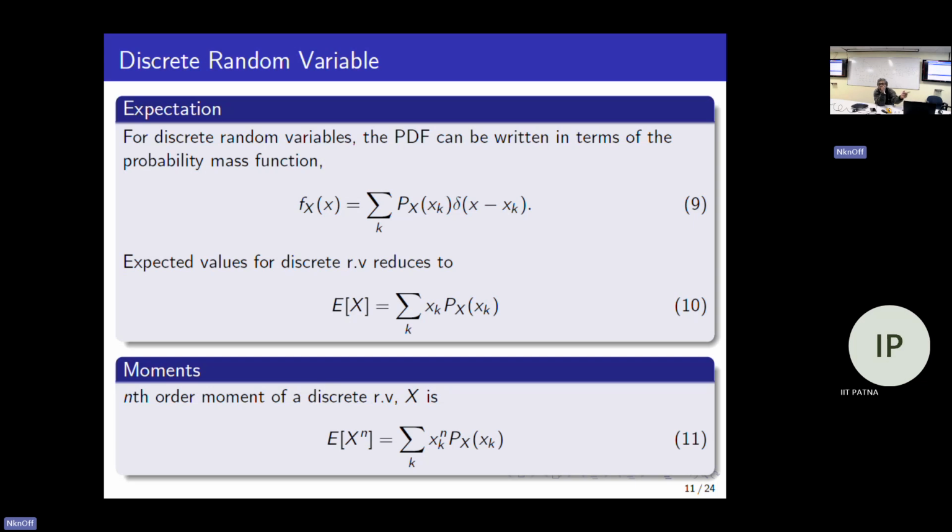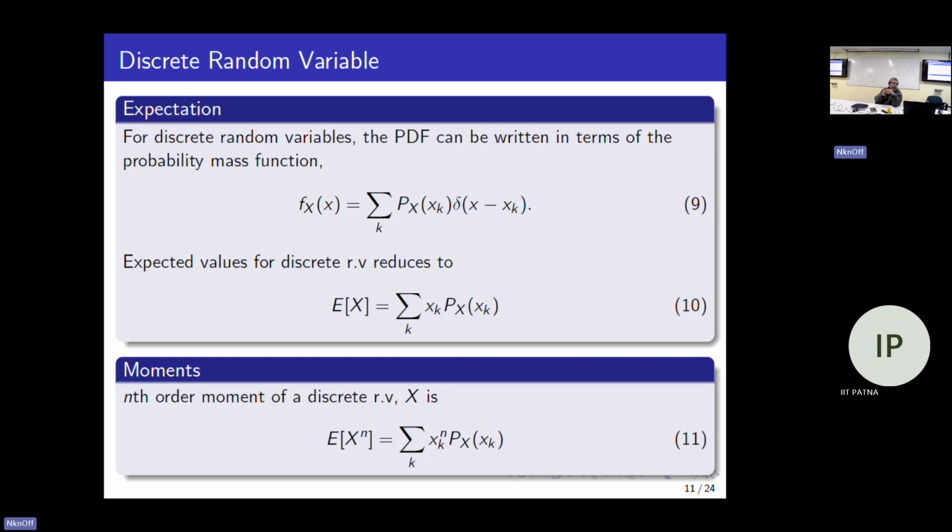So it represents a probability, and then how will it be the expectation? Then it is xk into pX(xk). That means these random values into their probabilities, summed over all. Probability means how often it will occur. So if it is 100 into 1/6 plus 200 into 1/6 plus 300 into 1/6, and so on, we sum them all and get the expectation.